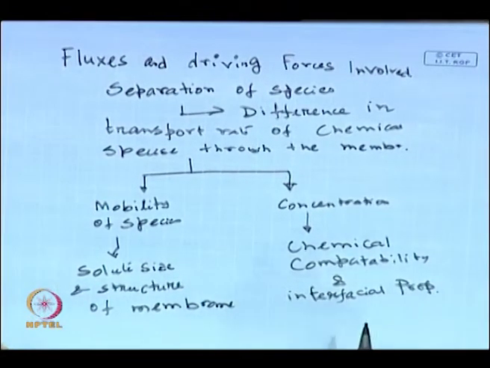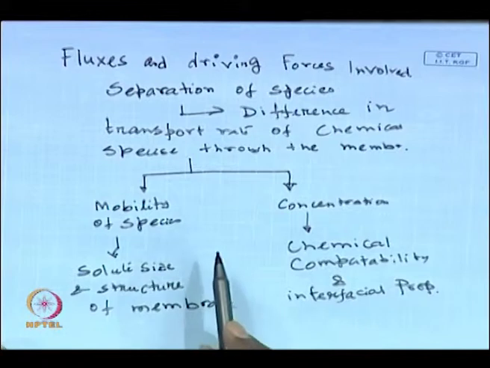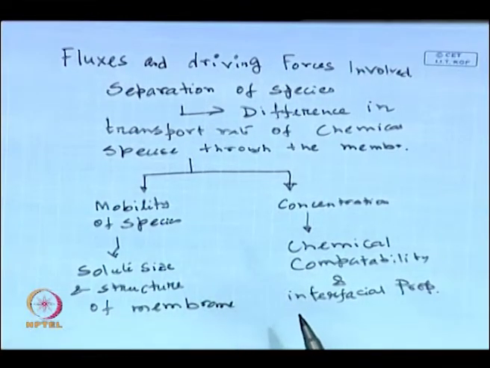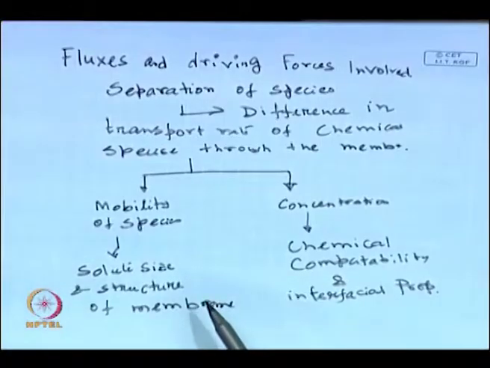So, let us elaborate on this. Mobility of the species will depend on the solute size and structure of the membrane. If the solute size is small compared to the membrane pore size, for example, a salt species in a microfiltration membrane, the pore size is extremely large, while the salt size is pretty small.